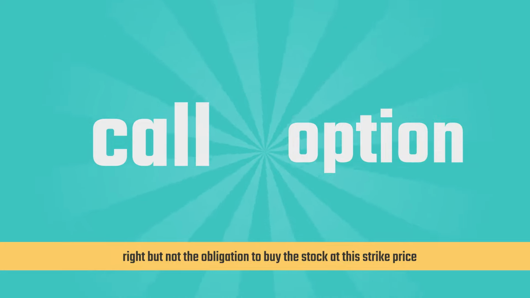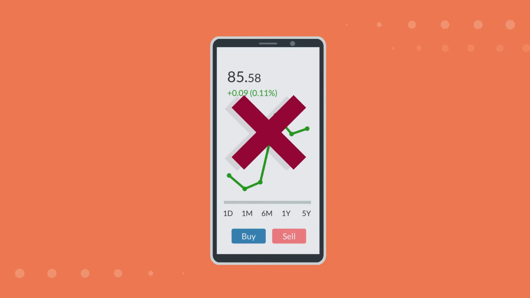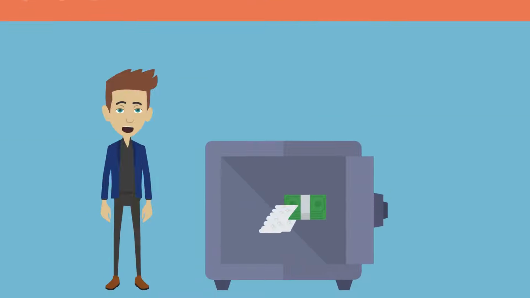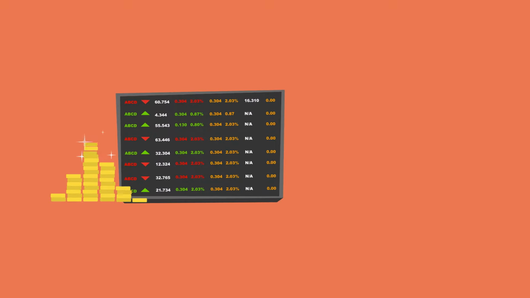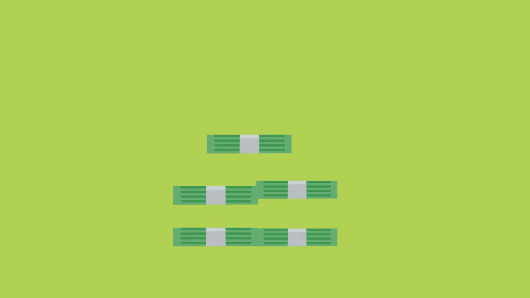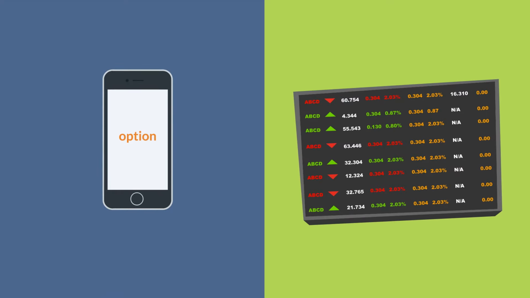So owning this call option doesn't require you to buy stock if you don't want to. So in this case, you simply lost the premium you paid for the option, which was $500. If you would have bought the stock at $200 per share instead, you would currently be down $5,000. So that's the benefit of buying an option rather than just buying the stock.